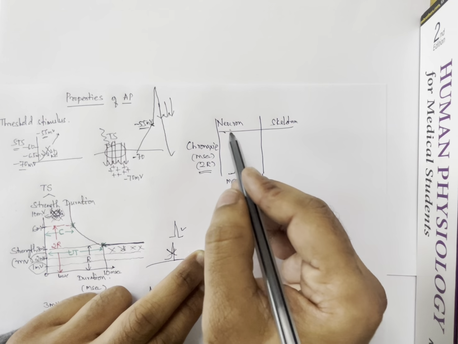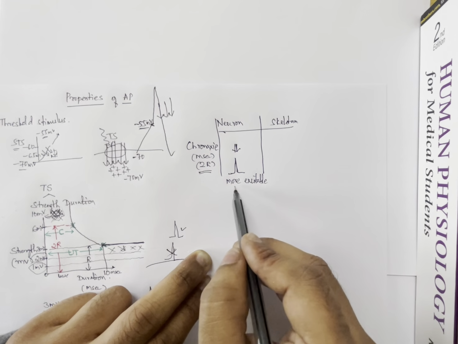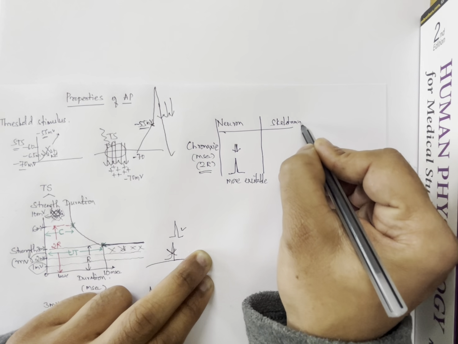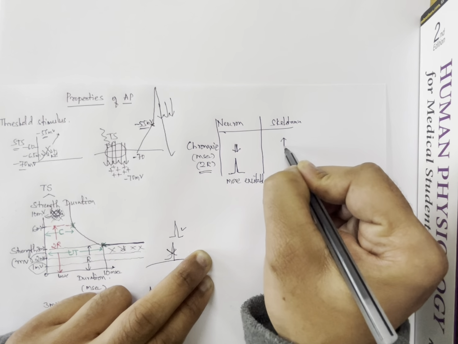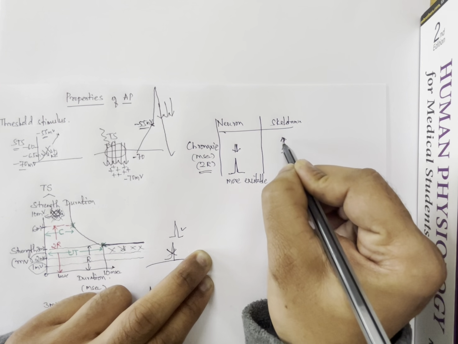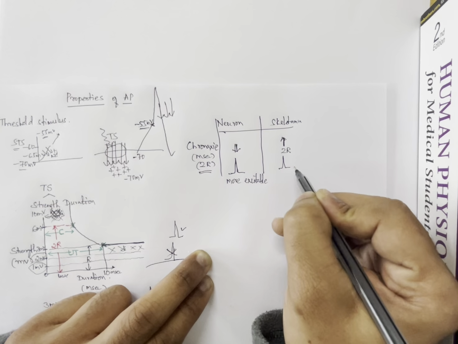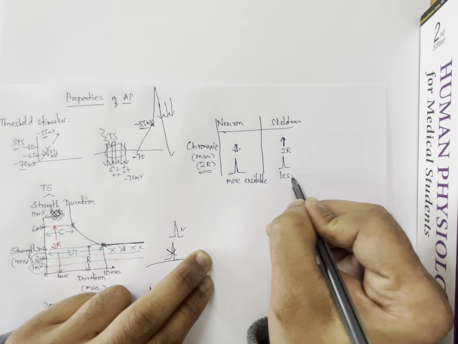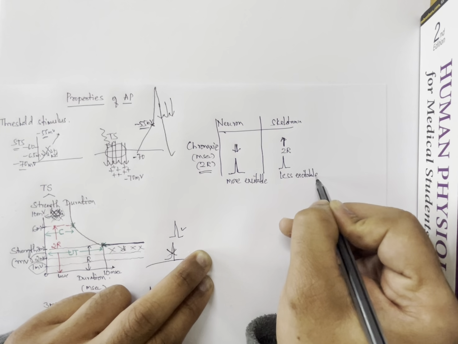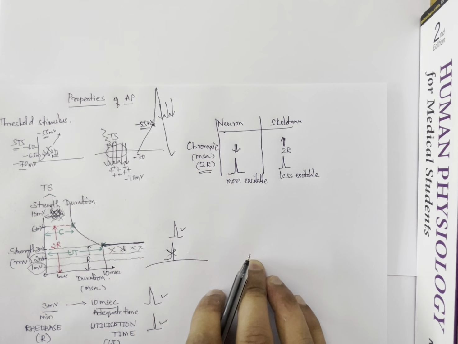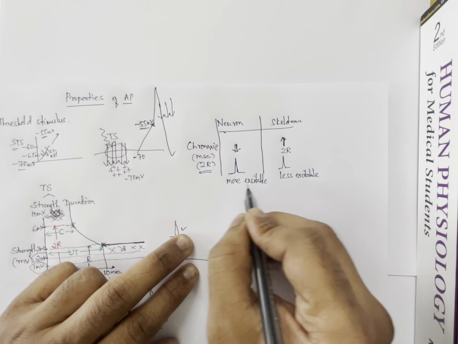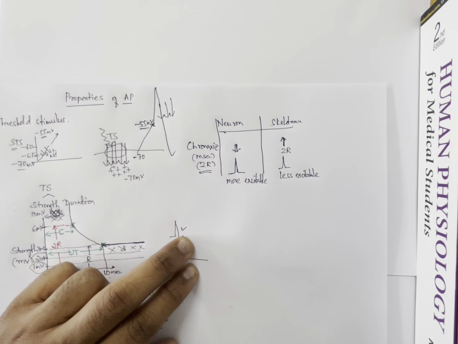Neurons have low chronaxie values and are more excitable when compared to skeletal muscles. If the chronaxie duration is more, that means a longer duration of double the rheobasic strength needs to be applied to generate an action potential. So these are less excitable when compared to neuron cells. So chronaxie is an index for comparison of excitability between tissues.